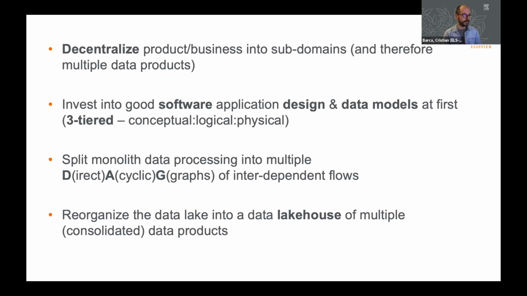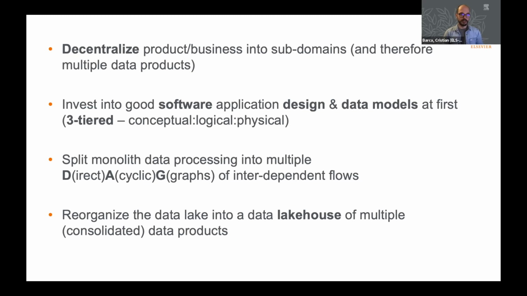Then we have invested into good software application design through a lot of alignment meetings, a lot of conversation and collaboration, and also building data models, really good data models, right? In our case, 3-tier data models.